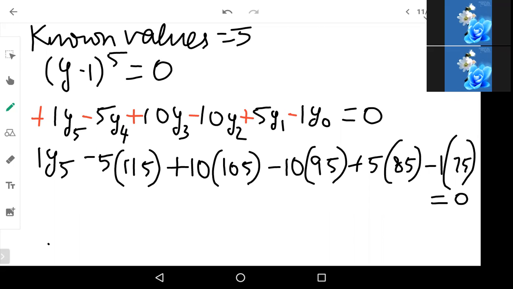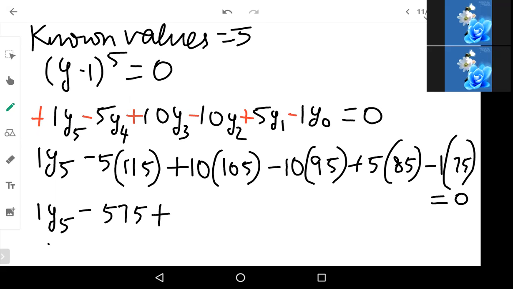Now the next step, multiplication. 1y5 minus 5 into 115. How much do you get? It should be 575. 5 5s are 25. That's why. Yeah, 575.